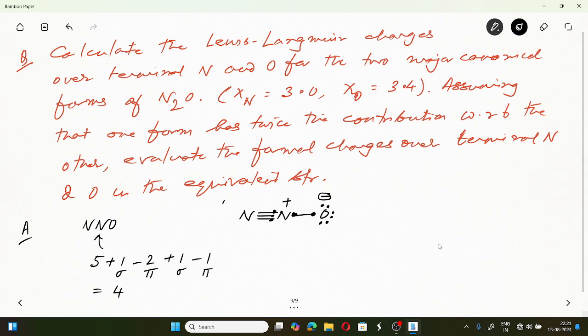So this is one canonical form. Say this is one, and we can draw another canonical form. What does that canonical form look like? This lone pair comes here and this comes here. So these are the two major canonical forms.